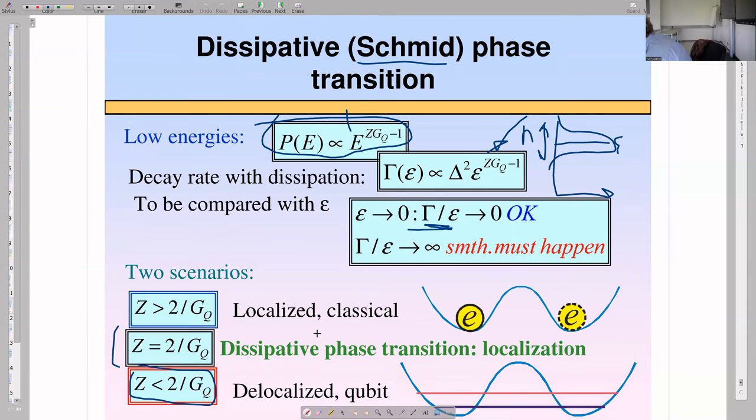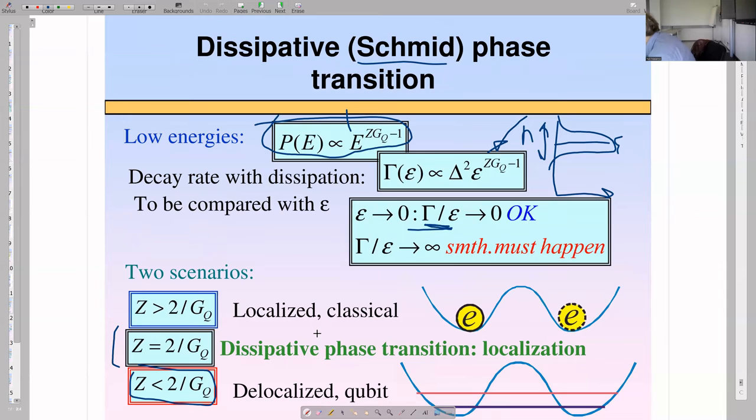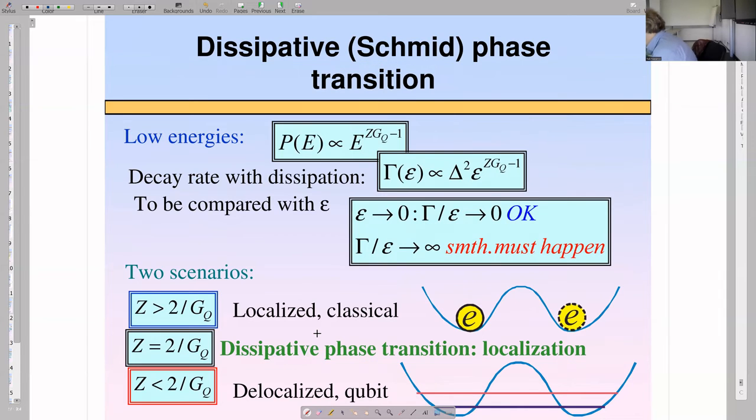Fine, good. So let us look at the phases. It appears to be a rather interesting transition, which happens at a critical value of this impedance, if the impedance which is felt by the charge qubit is sufficiently large.